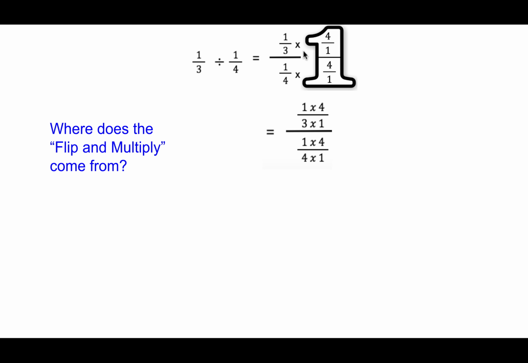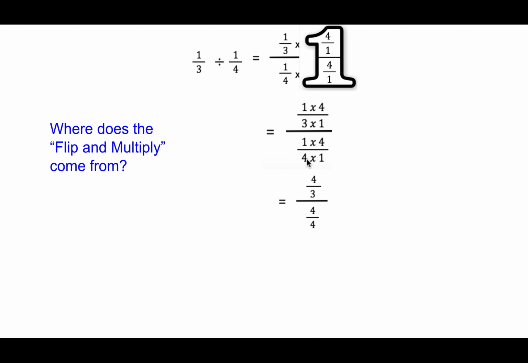Now let's simplify this. For my numerator I have 1 multiplied by 4 and 3 multiplied by 1, and for the denominator 1 multiplied by 4 and 4 multiplied by 1. Let's make this look a little simpler. 1 multiplied by 4 is 4, and 3 multiplied by 1 is 3, so I have 4/3.